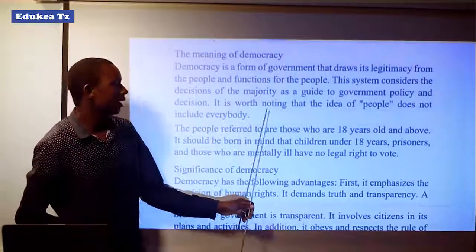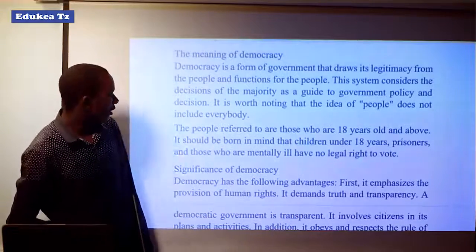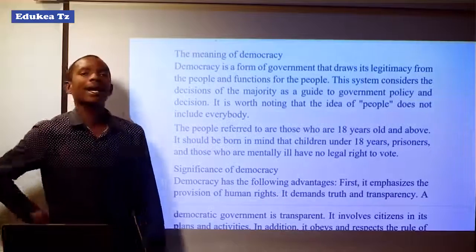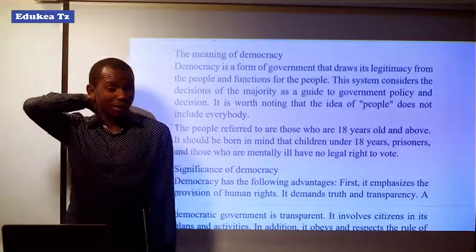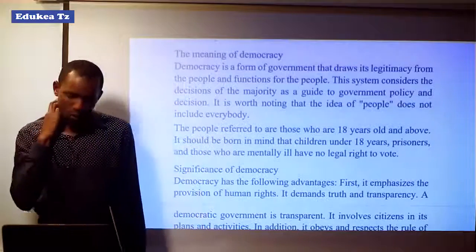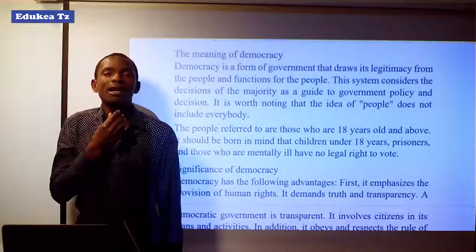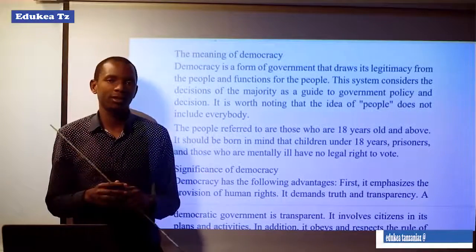It is worth noting that the idea of people does not include everybody. So democracy is a system of government in which what is considered is the issue of the majority.